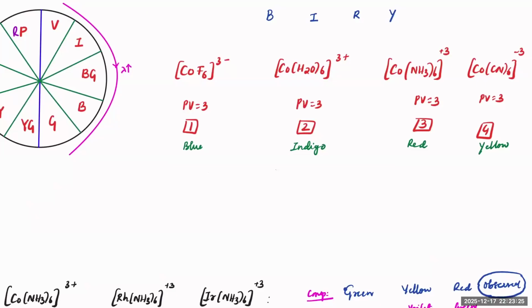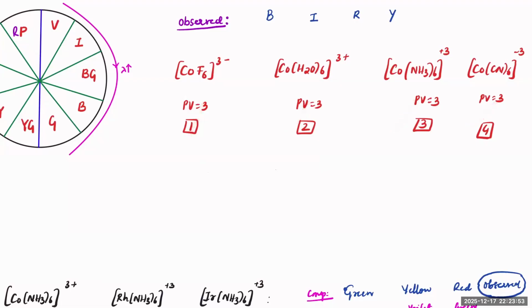Imagine these are the colors which have been given to us. These are the observed colors. And now I need to decide whether the observed colors exactly match with them or not. So this is option 1, 2, 3, 4.